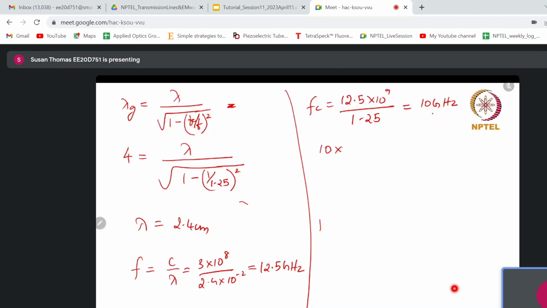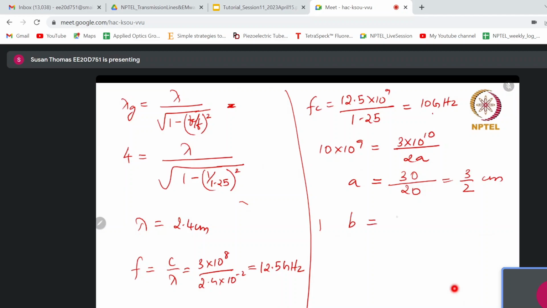So 10 into 10 power 9 is equal to 3 into 10 power 10 by 2a, where a is 3 by 2 centimeters.